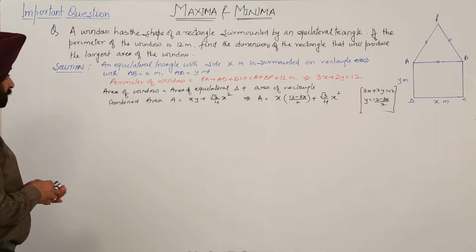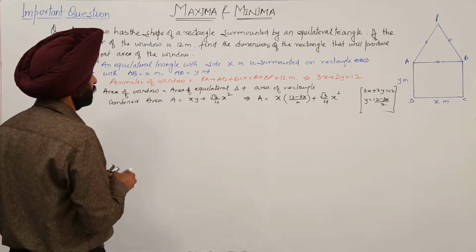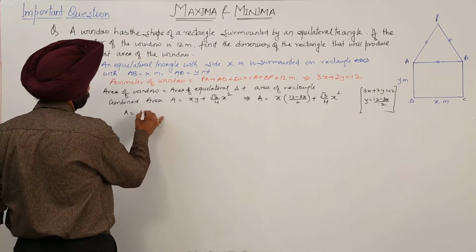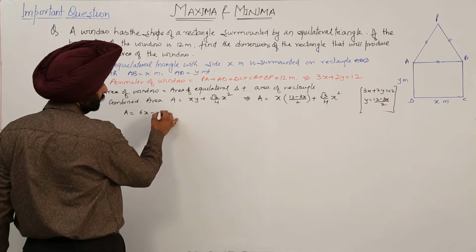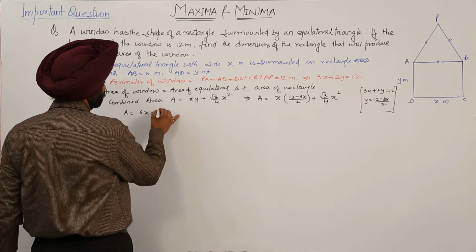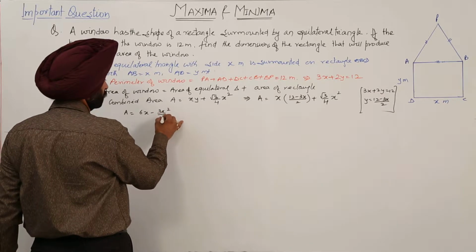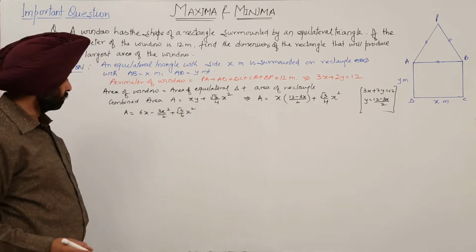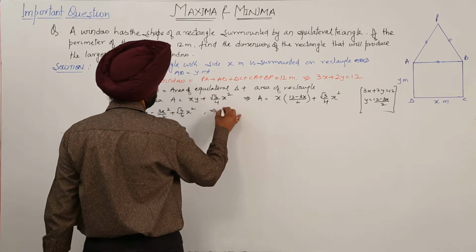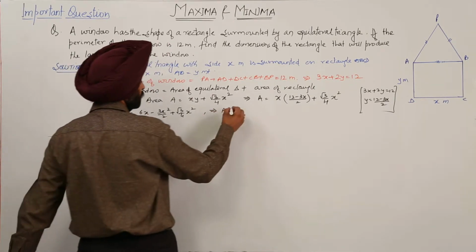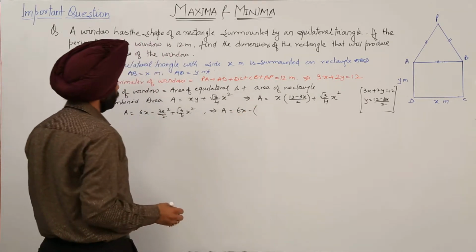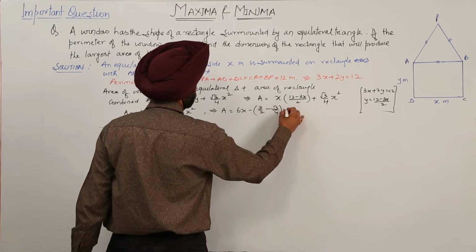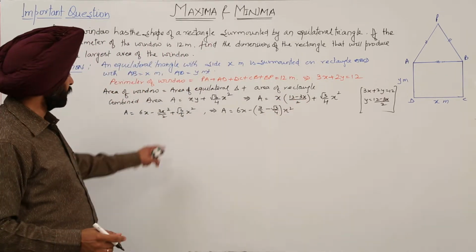Now multiplying and solving, area is equal to 6x minus 3x square upon 2 plus root 3 upon 4 x square. For more simplification, we can write 6x minus, in the bracket, 3 by 2 minus root 3 by 4, x square, taking x square common.